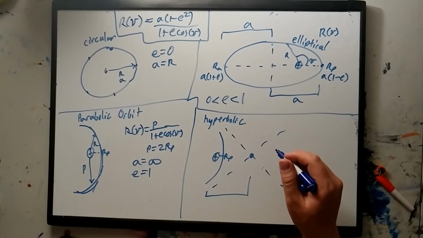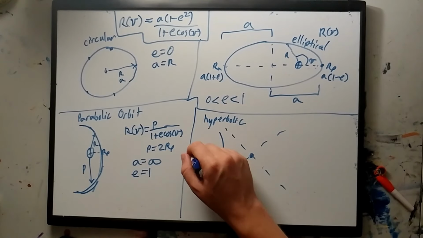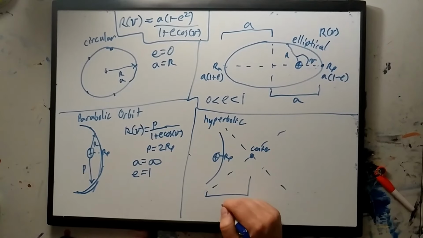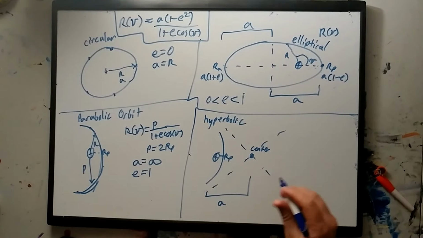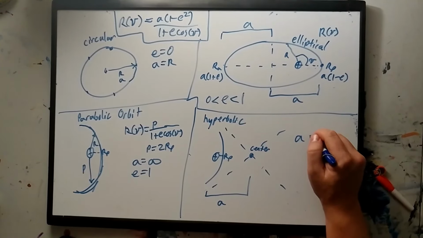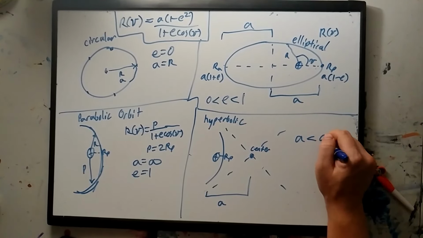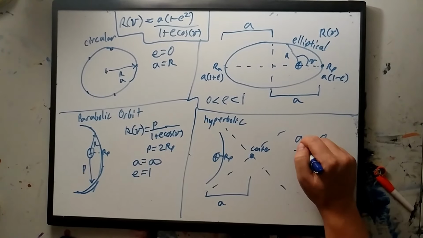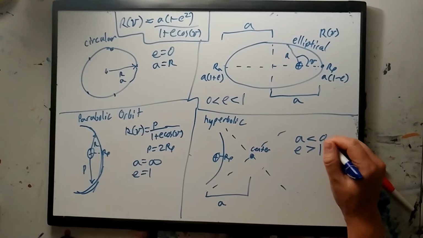It's a little weird. As opposed to it being over here, it's over here. So this is our center, and this is our a. So a, our semi-major axis, is actually negative, or less than 0, and our eccentricity for this orbit is greater than 1.